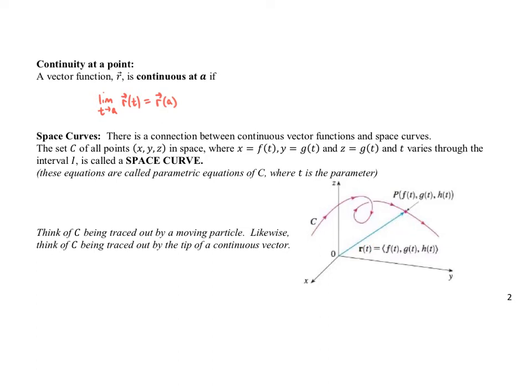As we do this over and over again, we get this nice smooth space curve, not only the picture of what it is, but also the path of, let's say, a particle moving along that space curve. Okay, let's move on to the next page and look at some of these examples.